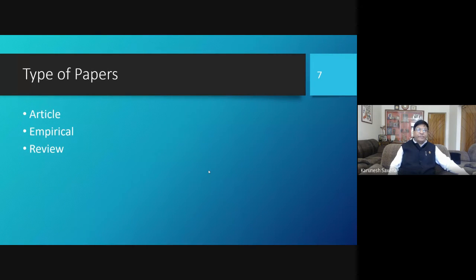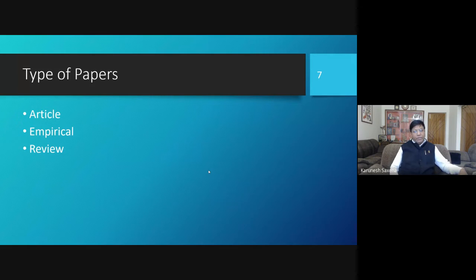Then we have the empirical paper. As you know very well, empirical papers are those where you develop your own instrument or questionnaire, collect data, analyze that data, and then write a paper based on the analysis of the primary data. That is called empirical research.